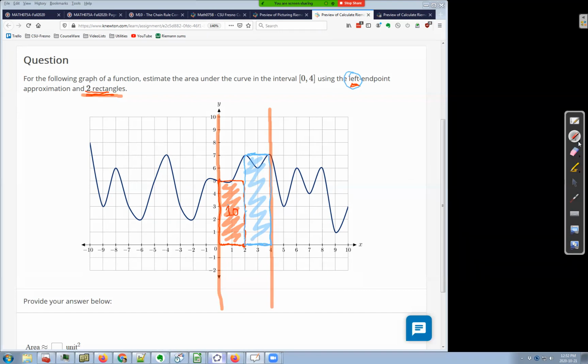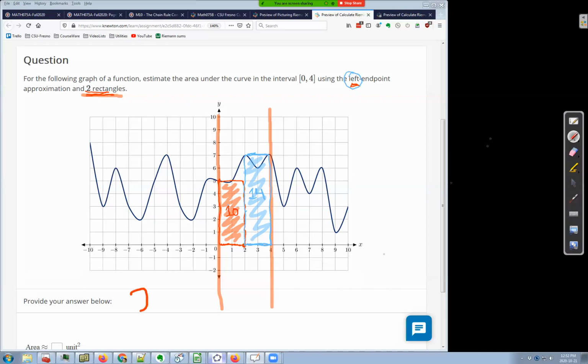And then for the blue rectangle, I see that once again, the base is 2 and the height is, sorry, the height is 7. The base is 2 and the height is 7. And so that makes the area 14. And so if I add those two numbers together, then I get 24.